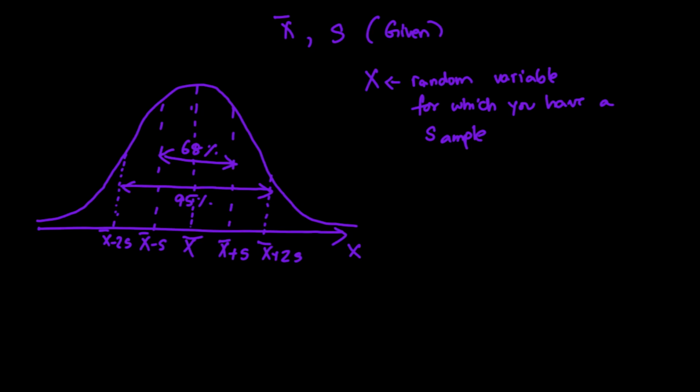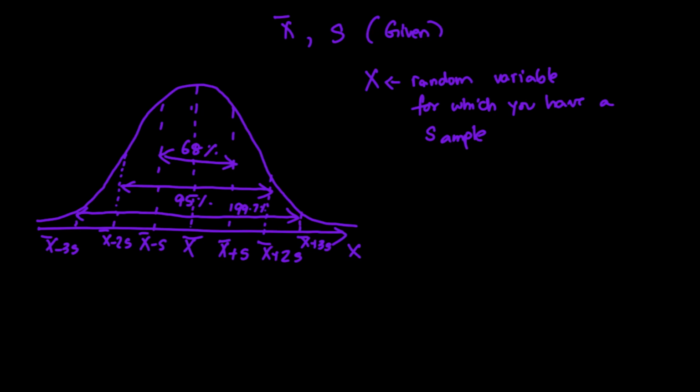And lastly, if you went 3 standard deviations to the left and 3 standard deviations to the right, the chances of seeing any observation between x bar minus 3s and x bar plus 3s would be equal to 99.7%.